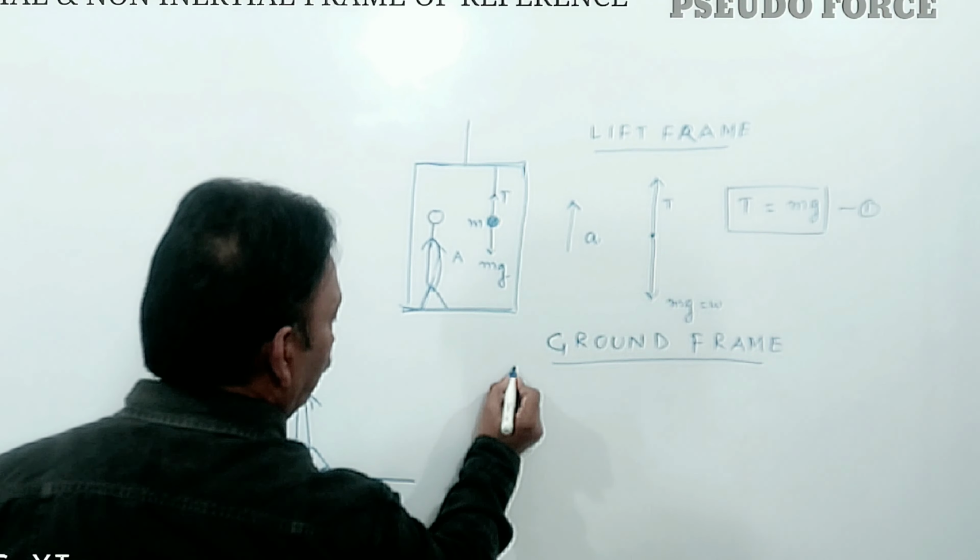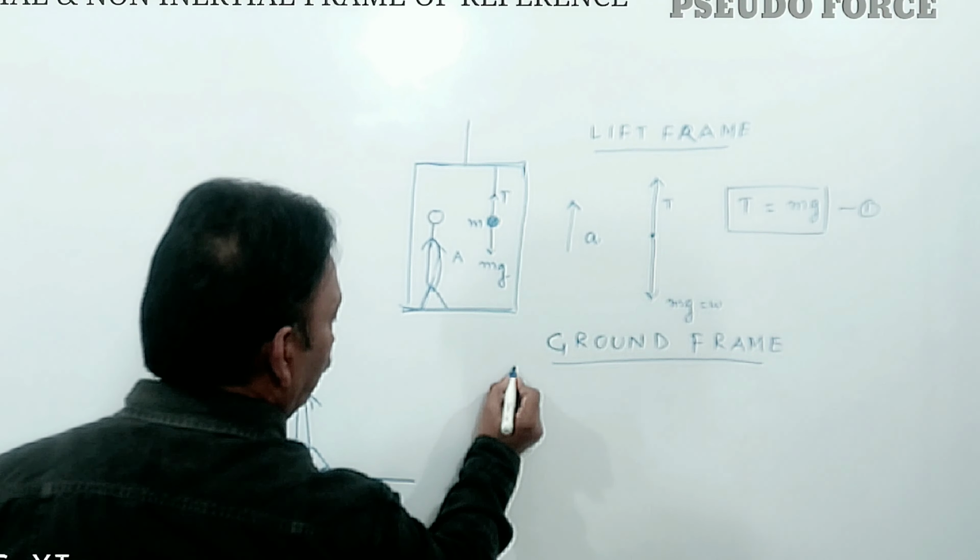Already I told you, a force that works in the opposite direction, which is known as the pseudo force, works against the direction of the acceleration of the body. That means if you add that fictitious force to the tension that is equal to mg, then we get the same result.